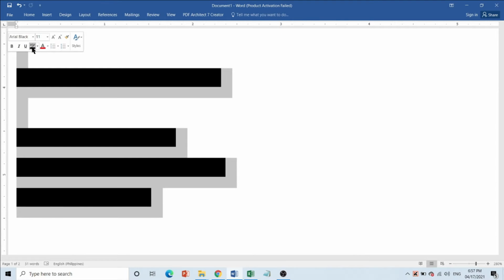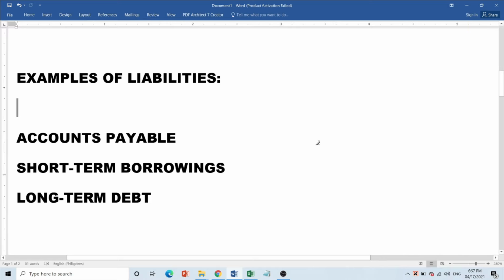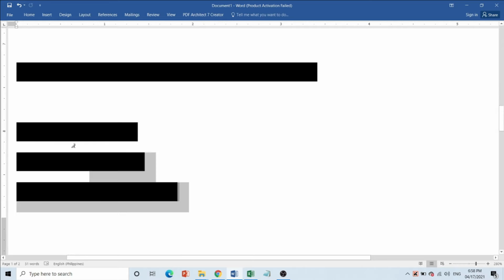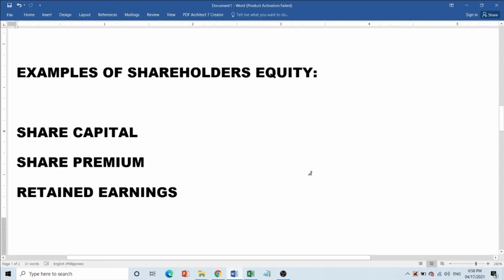Examples of liabilities, we have here accounts payable, short-term borrowings, long-term debt. Examples of equity, shareholders' equity, we have share capital, share premium, retained earnings.